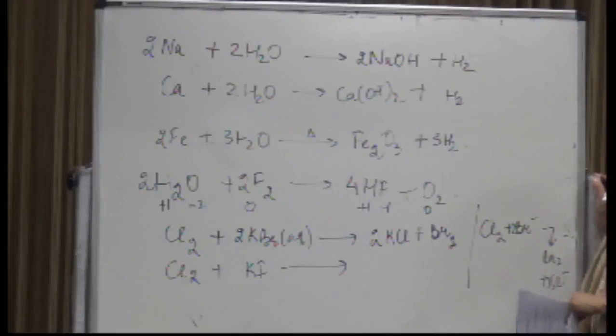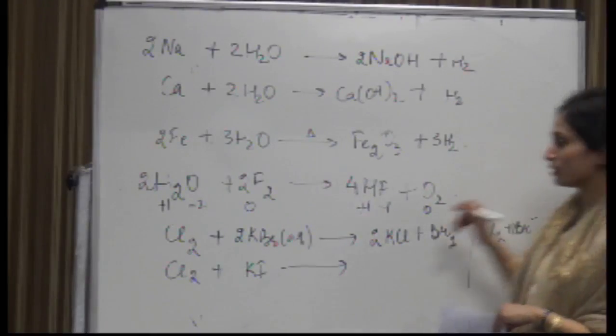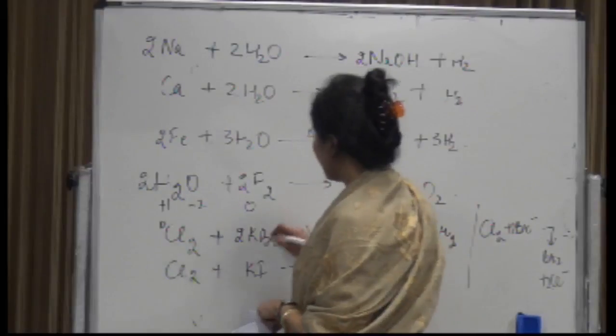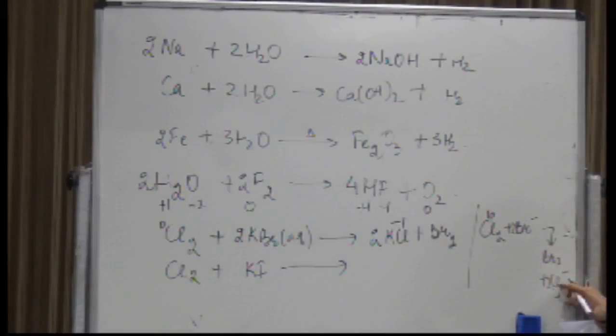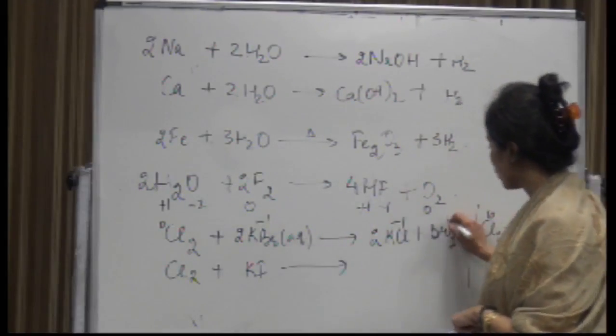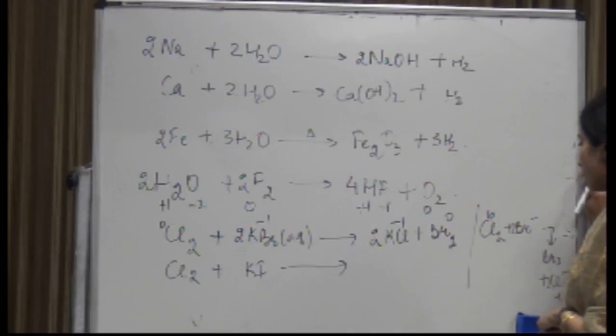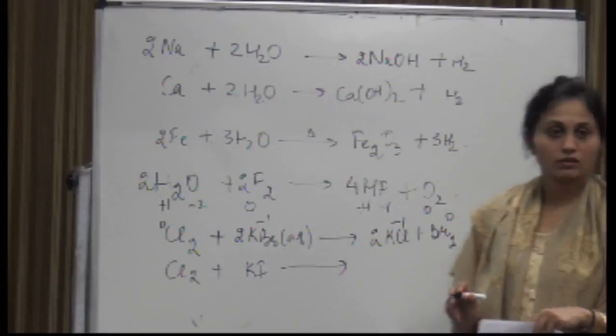This is just the ionic representation. This reaction can also be represented by this, because it is the interaction of chlorine and bromine. Here we are concentrating on those species which are getting oxidized and reduced. For example, here Cl2 is 0 and here Cl is minus 1. So from 0 it is going to minus 1, and here Br is going from minus 1 state to 0. So that is what we are showing, that Br is going from minus 1 state to 0. Clear?